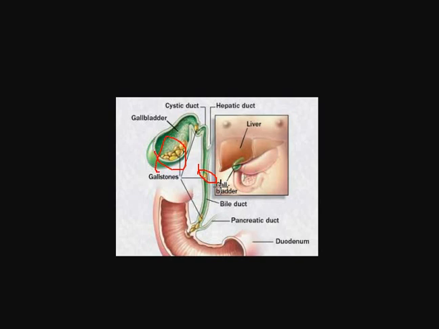Now let's move to the management of choledocholithiasis, stones in the common bile duct. We said that most of the time, if we have stones in the common bile duct, we also have stones in the gallbladder, and the gallbladder stones are the source of the common bile duct stones.